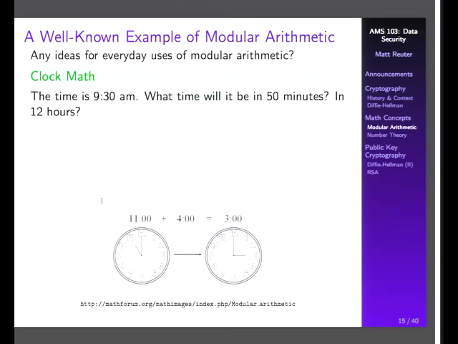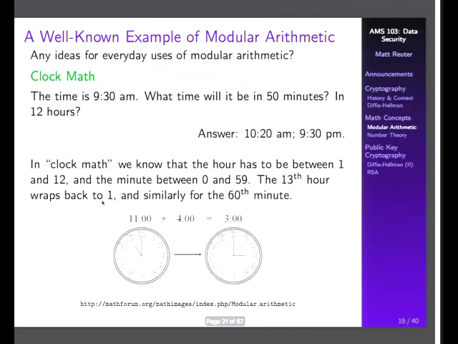9:30 p.m. Okay, so when we added the 50 minutes, we know that the minute part has to be between 0 and 59. We know that our hours part has to be between 1 and 12. We're going to use the American system and not the European 0 to 23. You can use either one, it doesn't matter. Actually, the European system works better for modular arithmetic in principle than the American, but que sera.